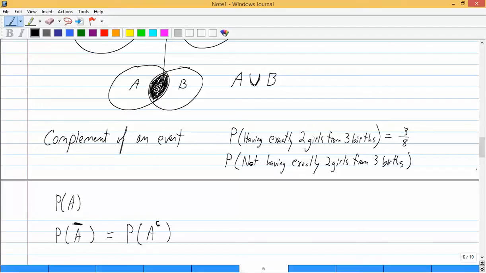Alright, so if we take the probability of A plus the probability of not A, or the complement, then that's going to be equal to 1. Because the probability of something happening plus the probability of something not happening has to be equal to 1.